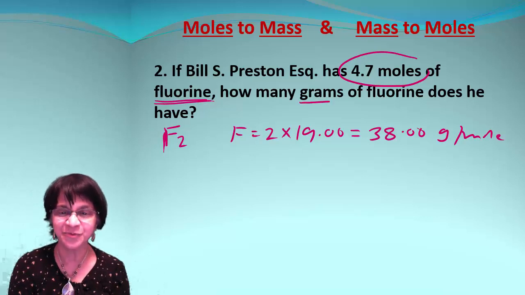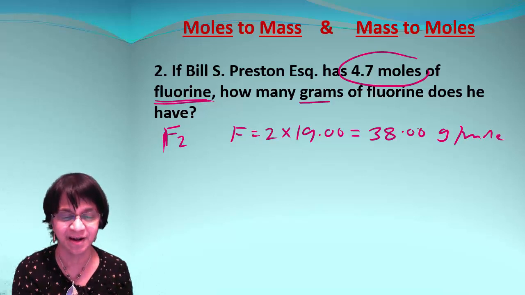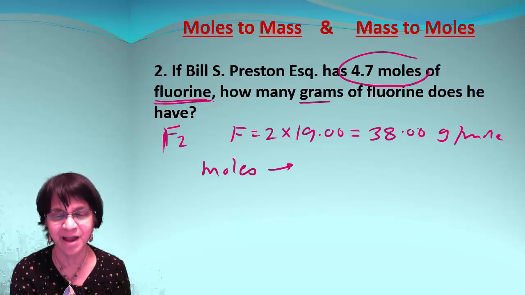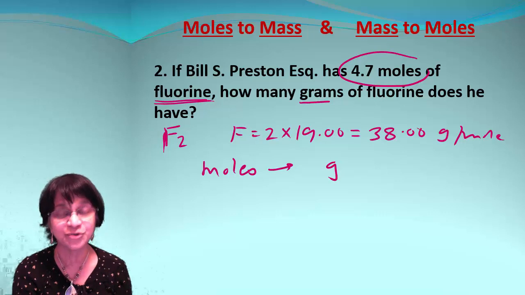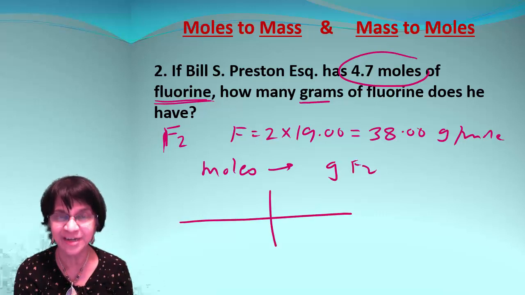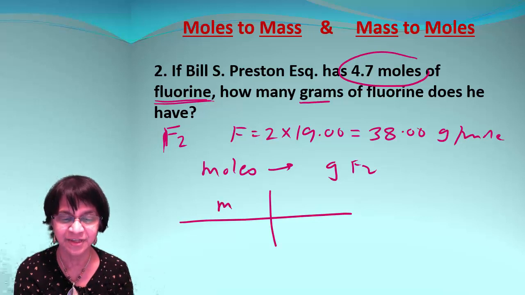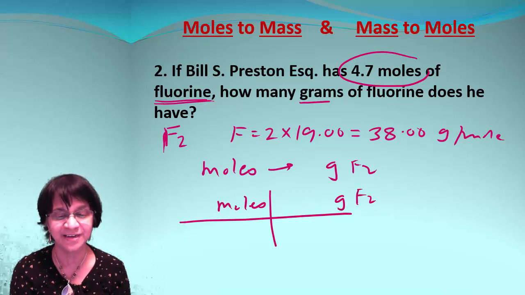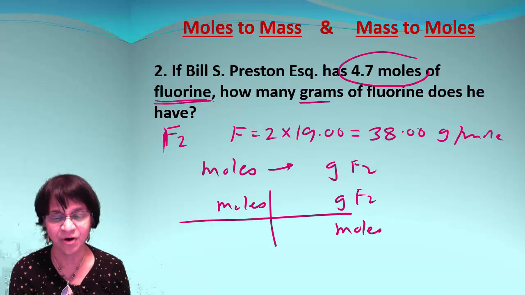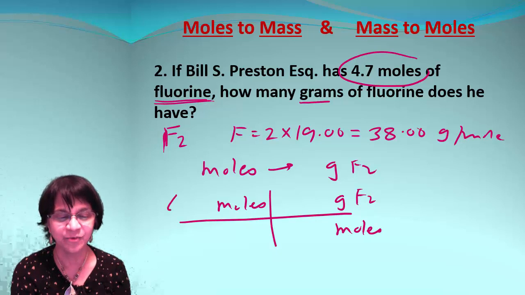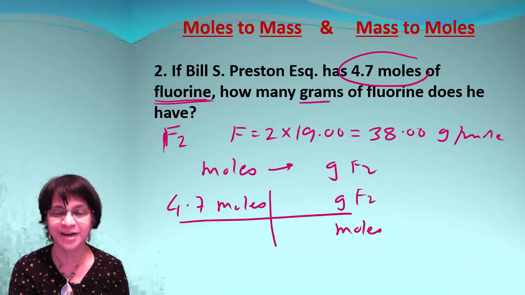And now we need to convert from moles to grams. So here is our simple roadmap going from moles to grams of fluorine. Let's put that into our dimension analysis. So there is our moles. This is grams of fluorine. And in order to cancel, we need to get moles over here. We begin with what is given, which is 4.7.